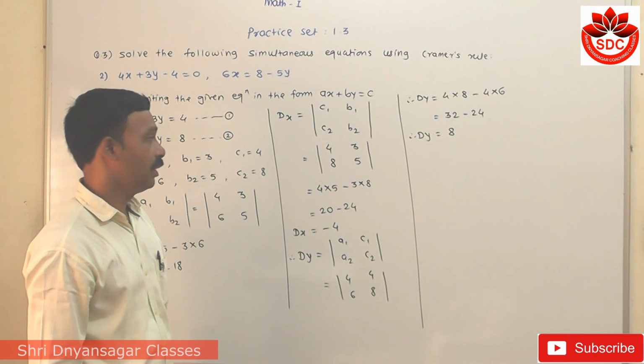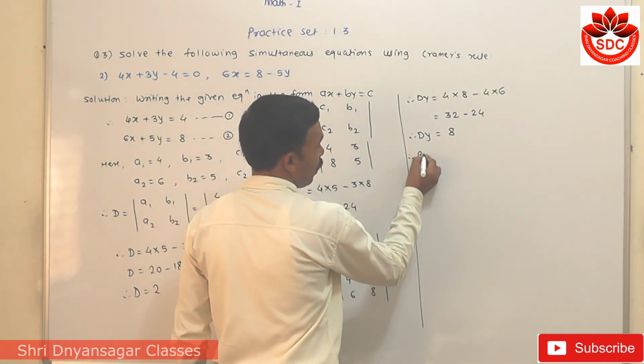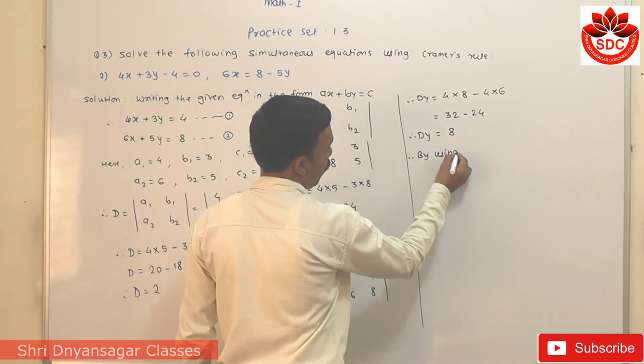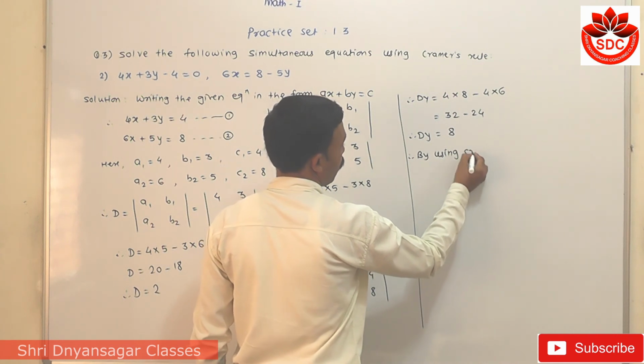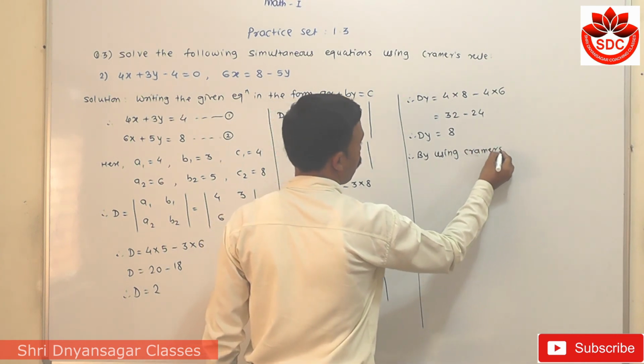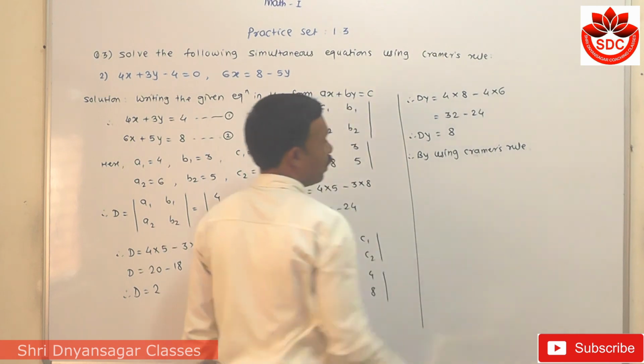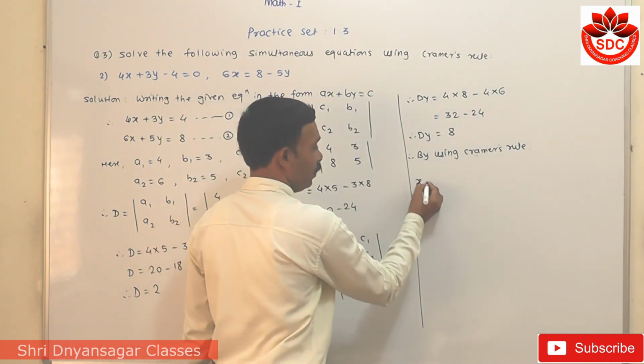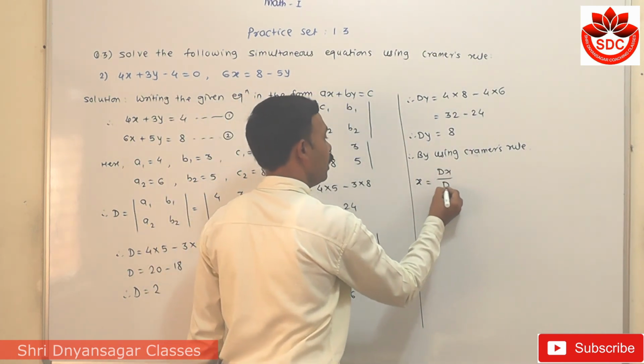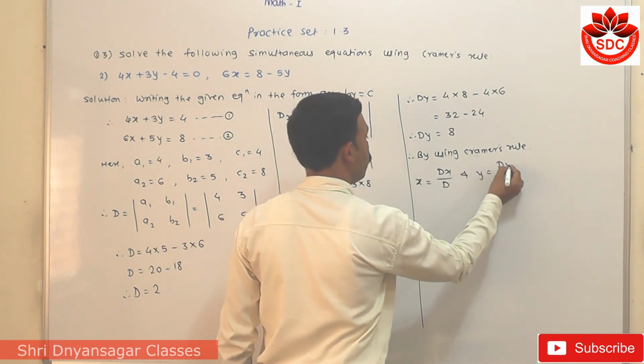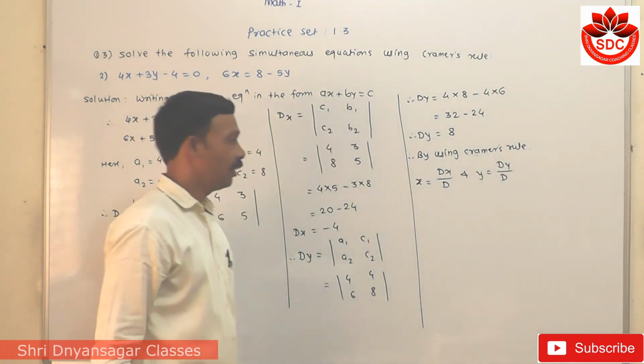Therefore, by using Cramer's rule, the value of x is equal to dx upon d, and the value of y is equal to dy upon d.